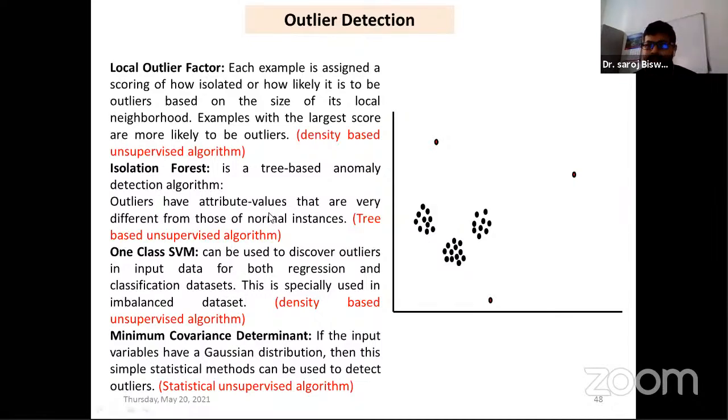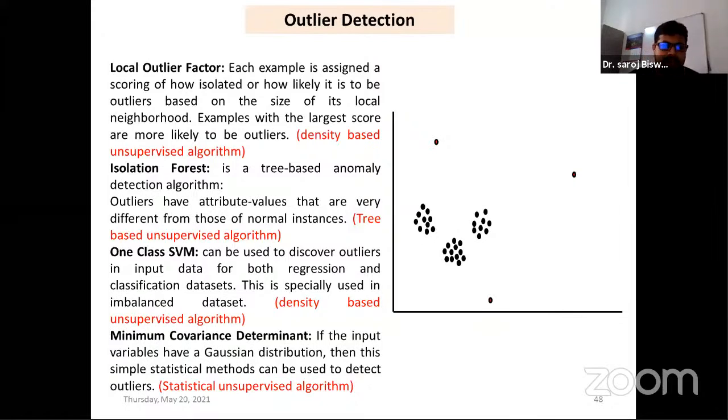Especially in this case, isolation forest takes the values of different attributes. If the values of some attributes are different from others, then we can assume that attribute, or that observation, is exceptional.